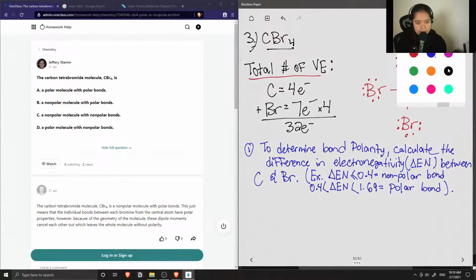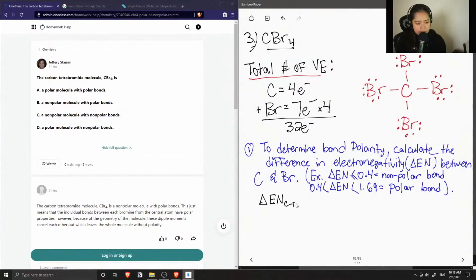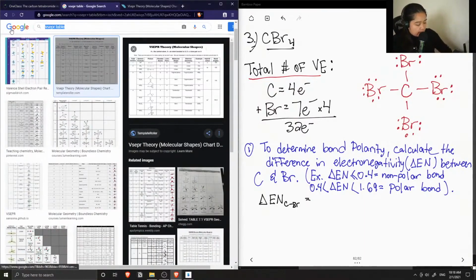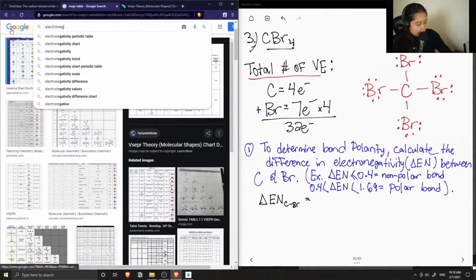Okay, so now let's calculate the difference in electronegativity for carbon and bromine. So let's look up electronegativity values.